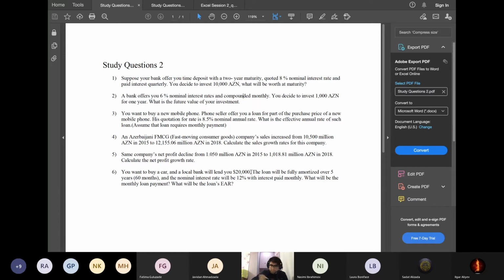So we have present value, million, and future value, million. We have the number of periods, 3 years, because there are 3 years between 2015 and 2018.